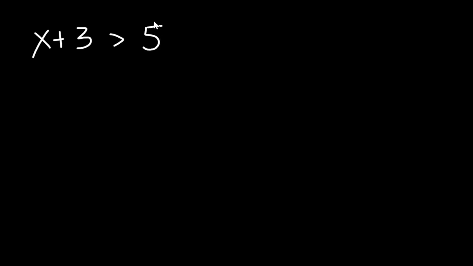So there are just a few things to keep in mind when solving inequalities. So first of all, everything else is the same as when solving an equation. However, you have to keep in mind the sign, because there are 4 different types.